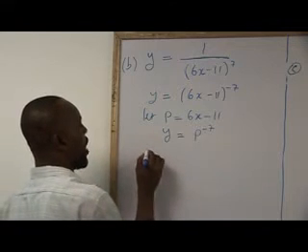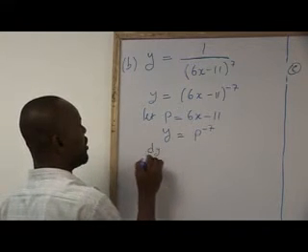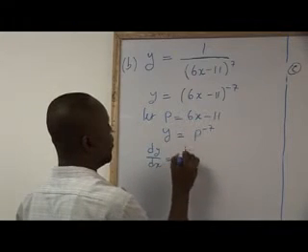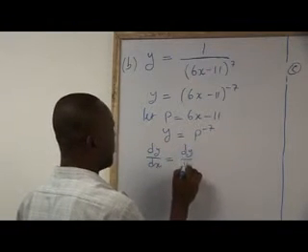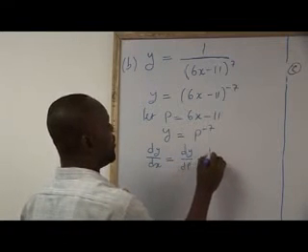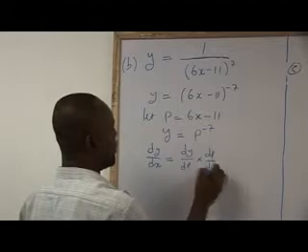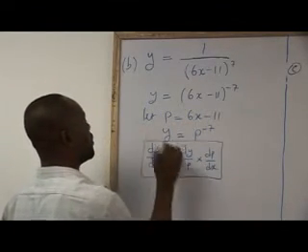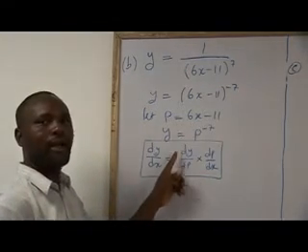Again, we know that our dy dx will be what? Our dy dx will be equal to dy dp in this case. We are not using u. Dy dp times the p dx. That's our guiding rule. So first I look for dy dp.